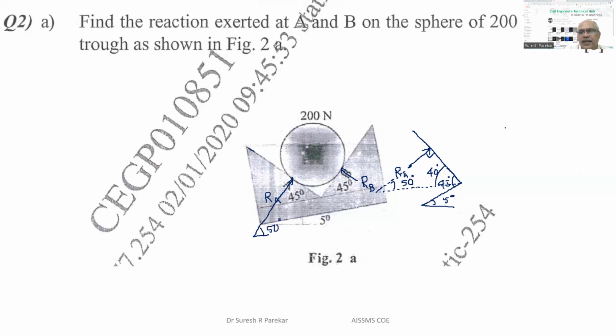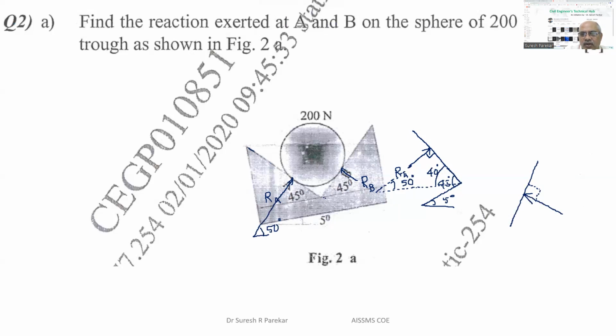Now at point B, if I draw this diagram, we have it in this fashion, and this will again be normal to it. So we have this as 90 degrees. And then you can see this trough makes an angle of 45 degrees.